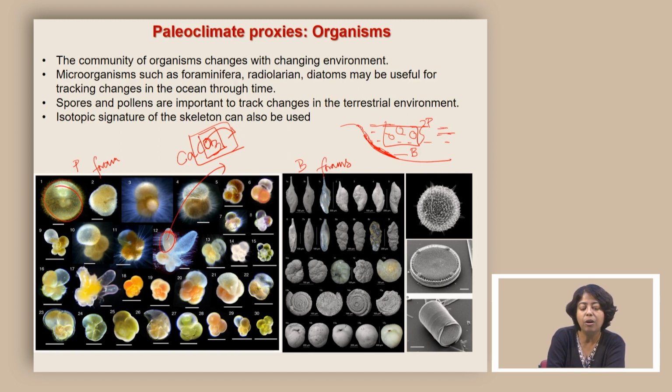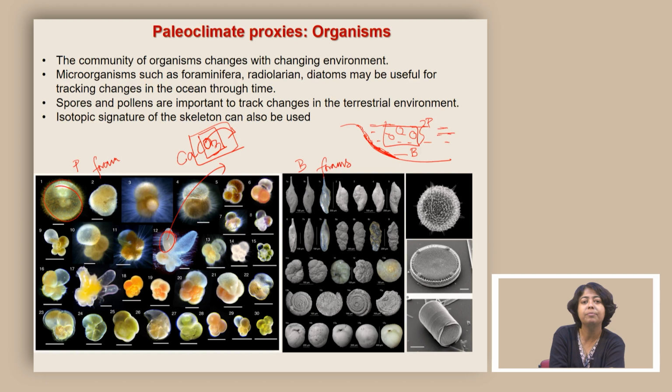Now, the other way of looking at it is not to look at the isotopes, but only to look at the community. These organisms are also sensitive to temperature, sensitive to ocean chemistry, how acidic or how alkaline it is, and because of smaller changes in the ocean chemistry, they will die or they will shift their habitat.